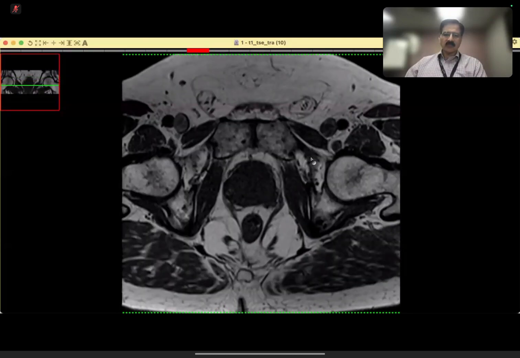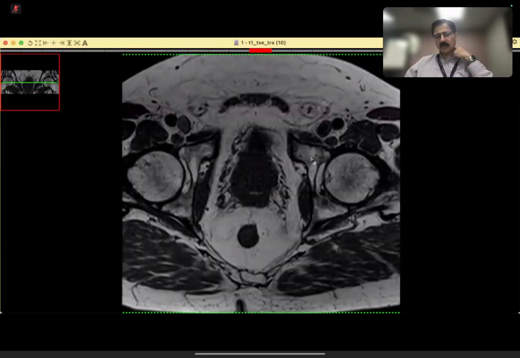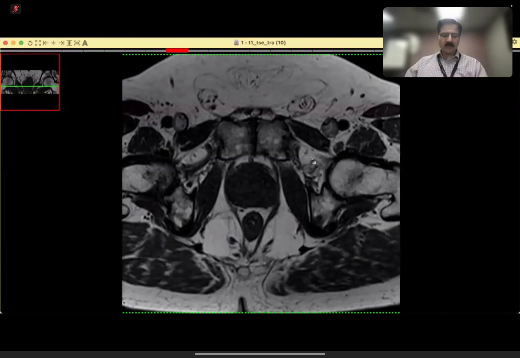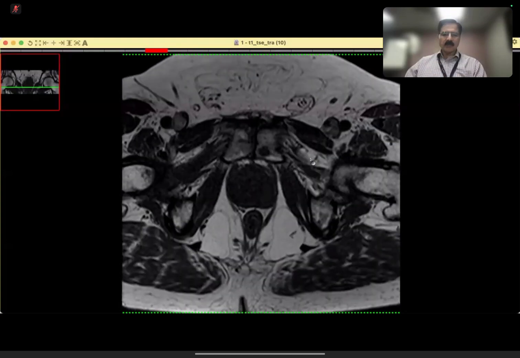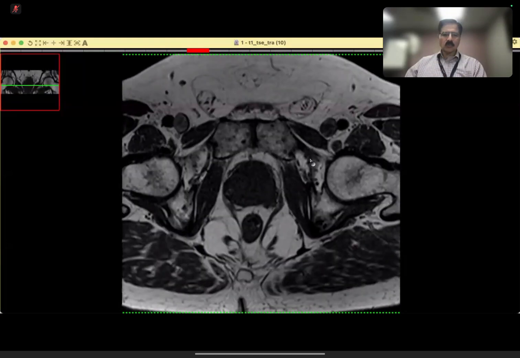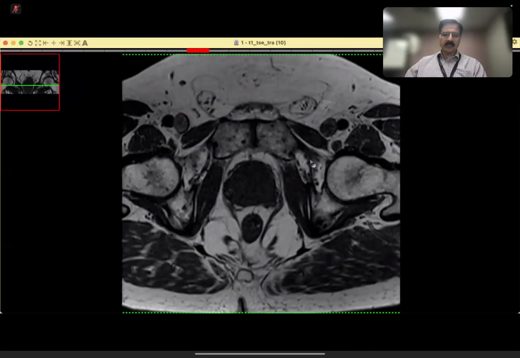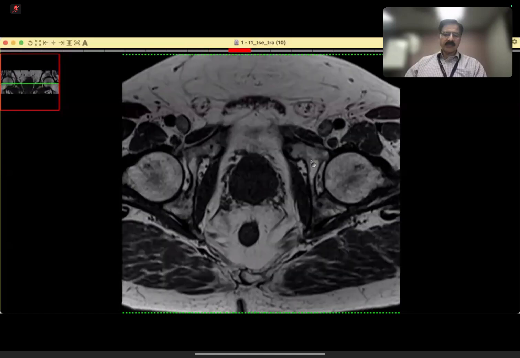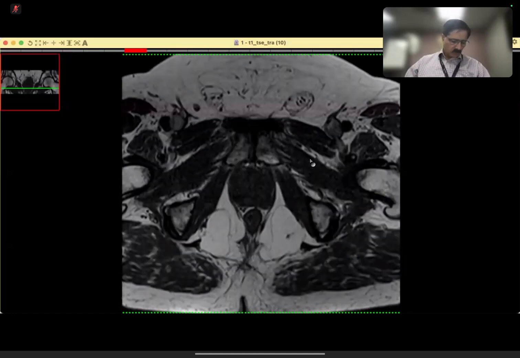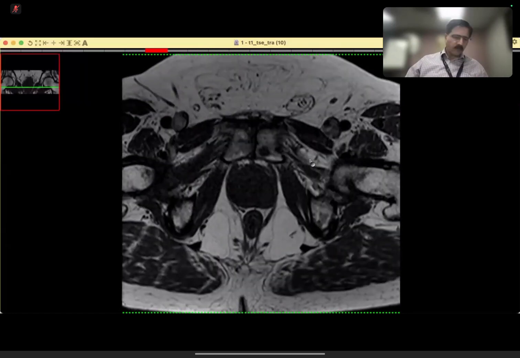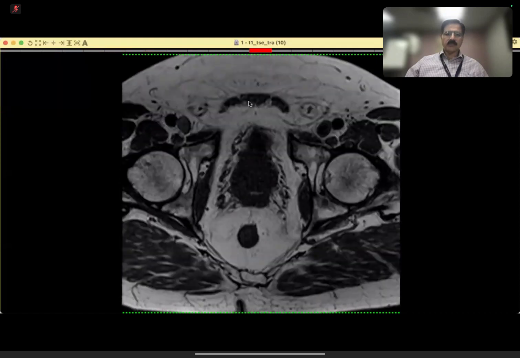Do a STIR sequence, and on STIR sequence, there might be a high signal. But prostatic metastases at times are so sclerotic that on STIR also they are low signal, and a bone scan will tell you the activity. So this was about prostate CA, and this is one case which I have chosen for a bit of teaching today.